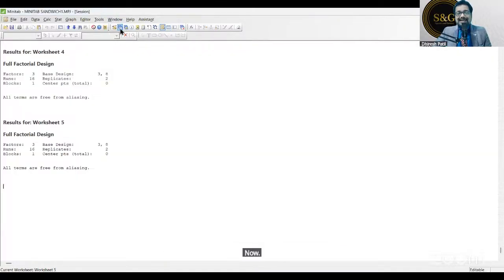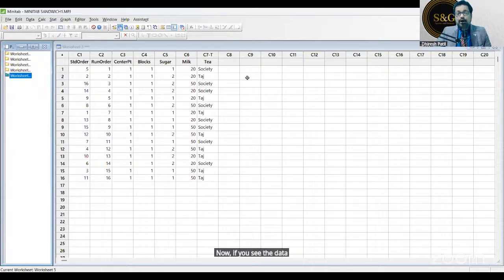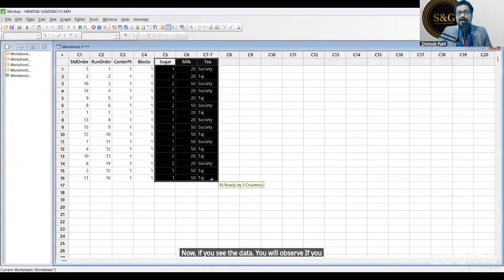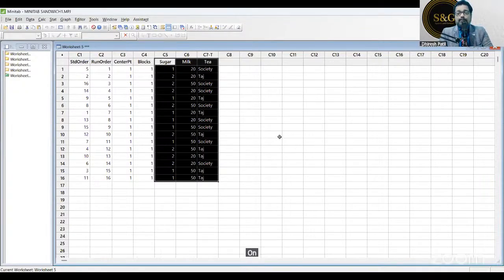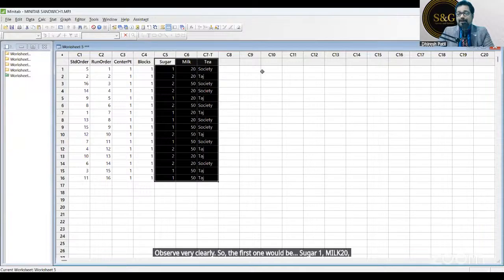Now, if you see the data properly, you will observe exactly the same randomized sequence you also have on your screen, on your laptop. Just type yes in the chat box if you have achieved this. Observe very closely. So the first one would be sugar 1, milk 20, society tea.